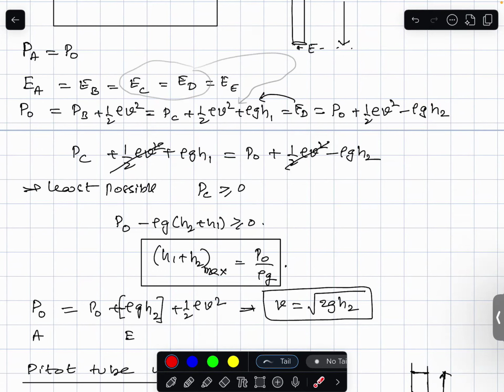This is the condition for the working of a siphon. For example, if you took h1 plus h2 more than P naught by rho g, it won't work. If we have h1 plus h2 less than P naught by rho g, not an issue at all. That will work. But it should not be greater than P naught by rho g.